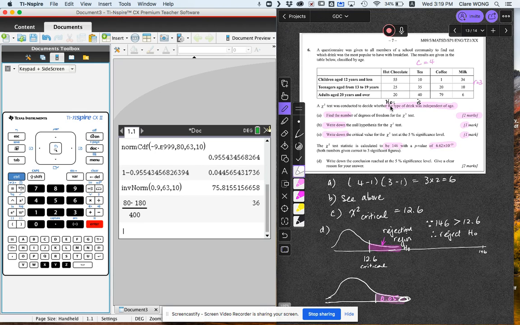And because it is smaller than the significance level, since 6.62 times 10 to the negative 29 is less than 0.05, we therefore have to reject H naught.